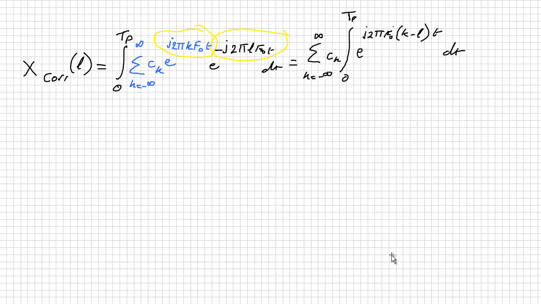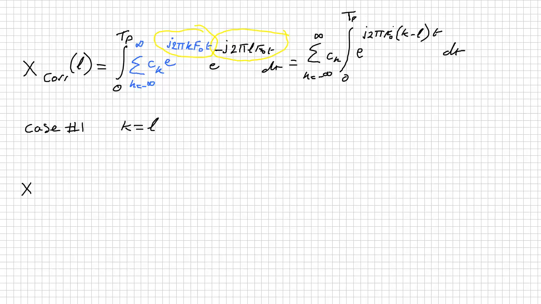Right, so we have the expression there, and we're going to simplify by considering two cases. So let's just consider case number one, which is when k is equal to L. So what happens when k is equal to L?